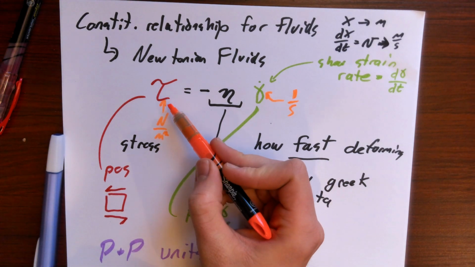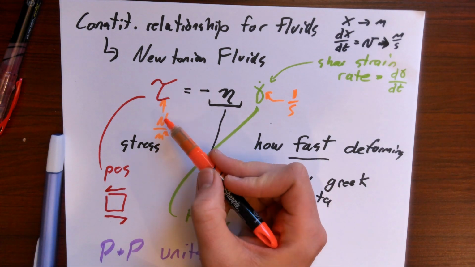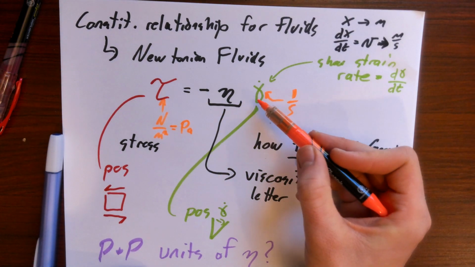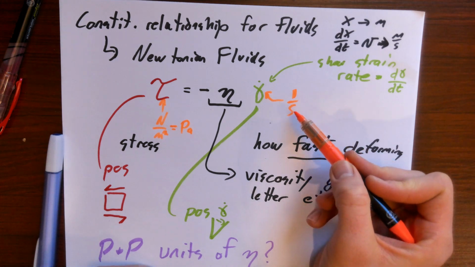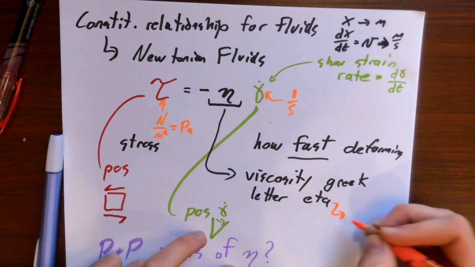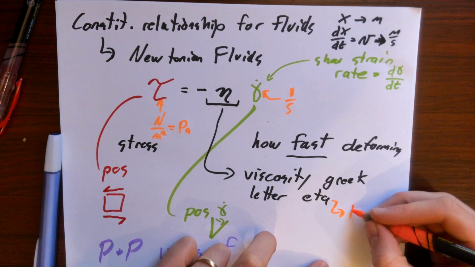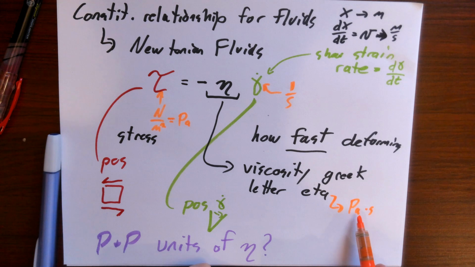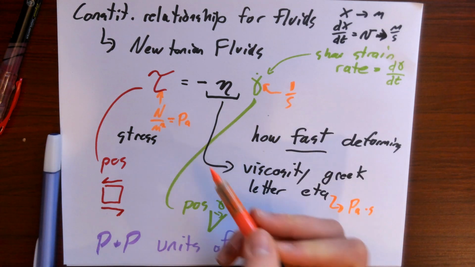So if shear stress has units of newtons per meter squared, or pascals, and shear strain rate has units of 1 over seconds, then viscosity, the Greek letter eta, has to have units of Pascal seconds. Pascal seconds multiplied by 1 over seconds gives us pascals.